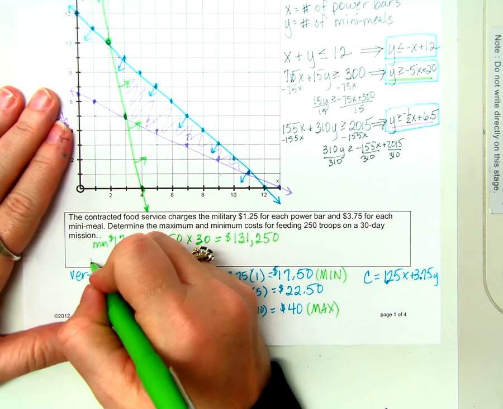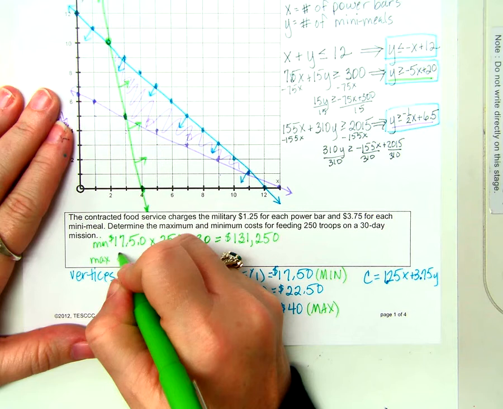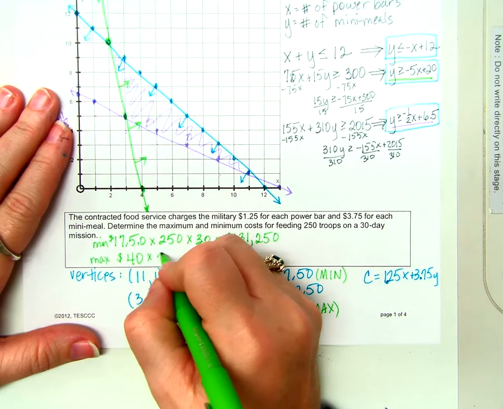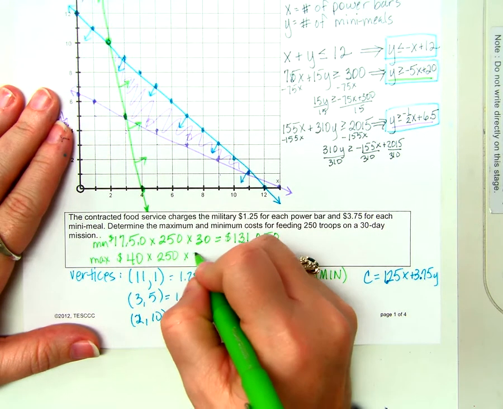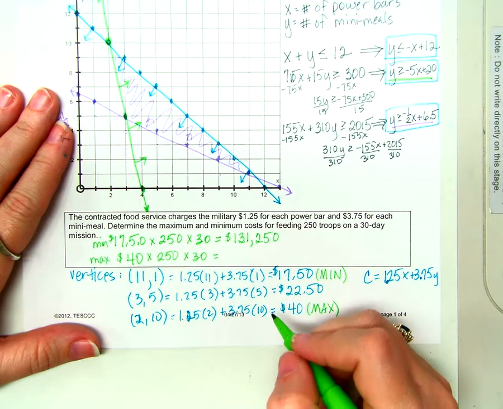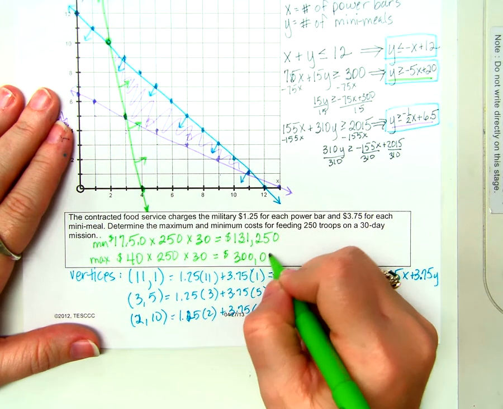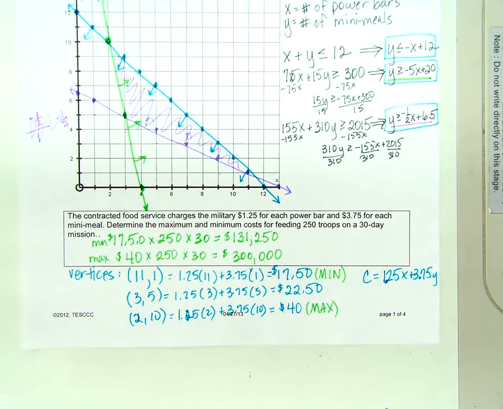What about my maximum? It was $40. 40 times 250 times 30. $300,000.